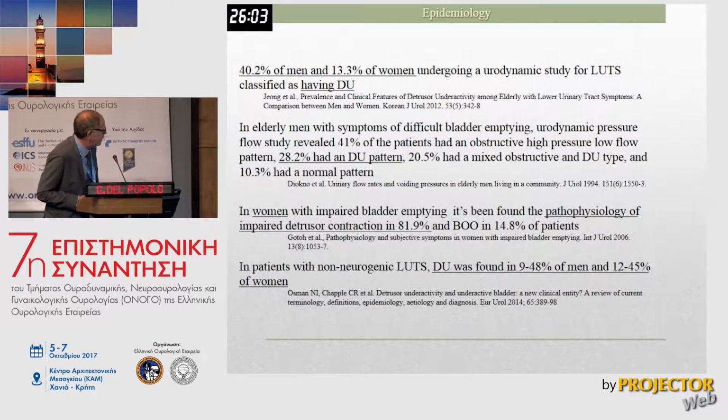In the last paper by Hosman, there is a really wide range of incidence of DU, ranging from 9 to 48% in men and from 12 to 45% in women. So the data is really only approximate.